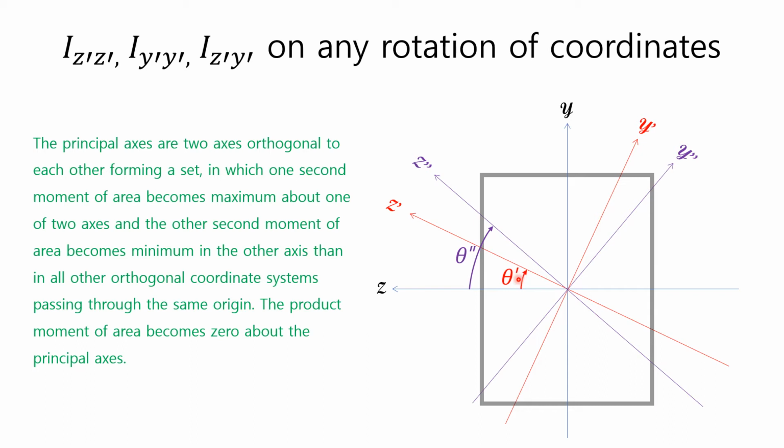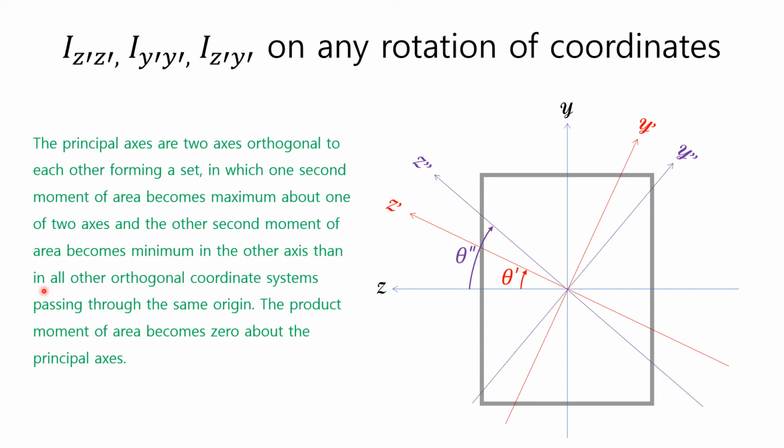How can we easily calculate the second and the product moment of area for arbitrary rotations, theta prime, theta double prime, or theta triple prime, etc.? An easy way to do it is to use the principal axis and the Mohr circle. The principal axes are two axes orthogonal to each other, forming a set in which one second moment of area becomes the maximum about one axis, and the other second moment of area is the minimum about the other axis.